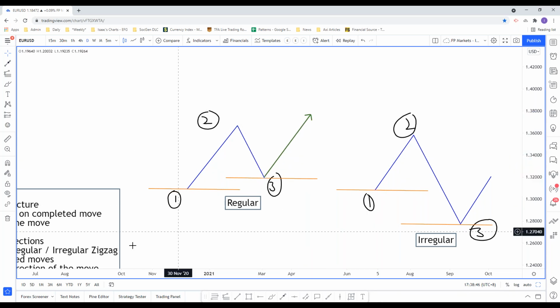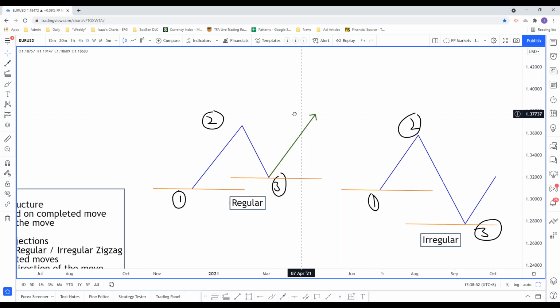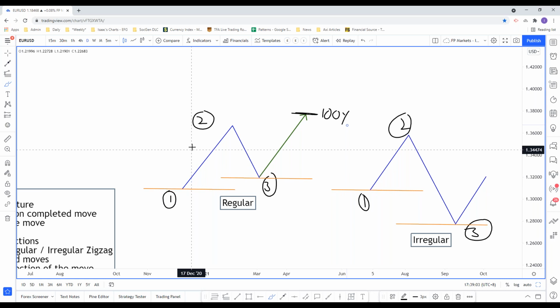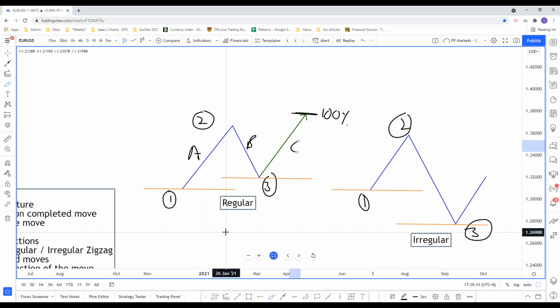Ideally, in an ideal scenario, the ending of a regular zigzag, point number 4, should be at 100%. Some people like to say in terms of Elliott wave, this is corrective wave A, corrective wave B, and then impulsive wave C. So in a corrective wave ABC, we say that A equals C, so 100%.